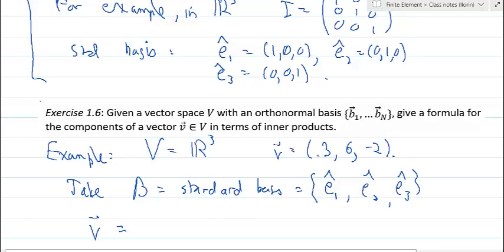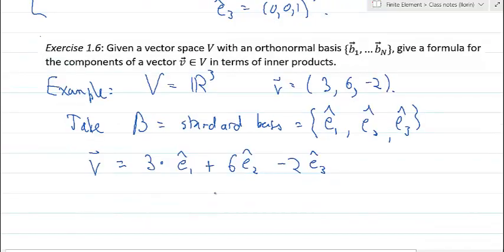So in fact, this 3 in the first place here is 3 times e1. The 6 in the second place is 6 times e2. And this -2 in the third place is -2 times e3. So these are the components of v.